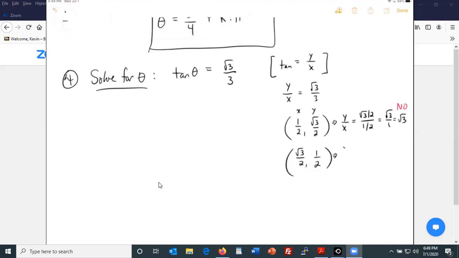So let's try dividing them the other way, where the 1/2 is on top, and the square root of 3 over 2 is in the denominator. So the 2's cancel out, and I get 1 over the square root of 3. And then when I rationalize that, I get what I want, square root of 3 over 3.